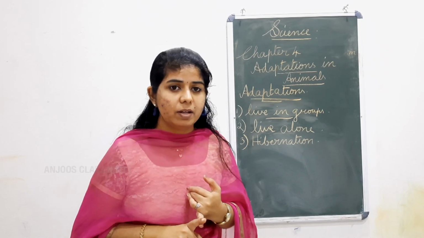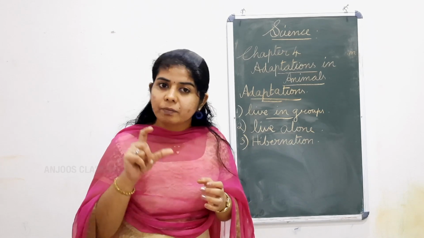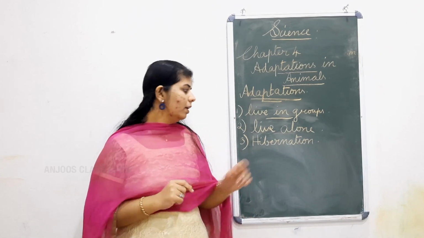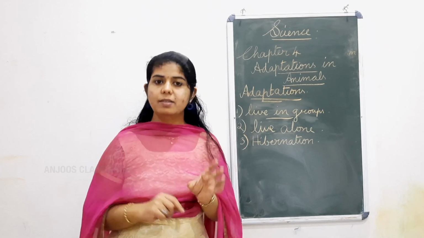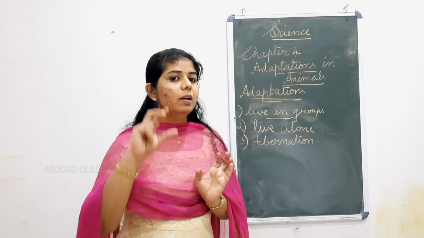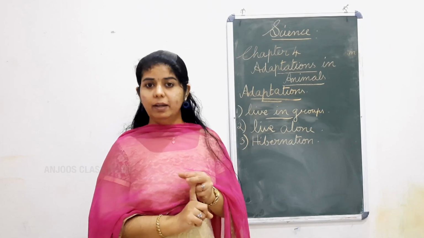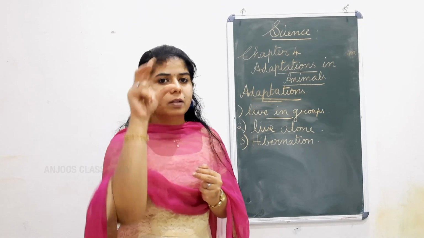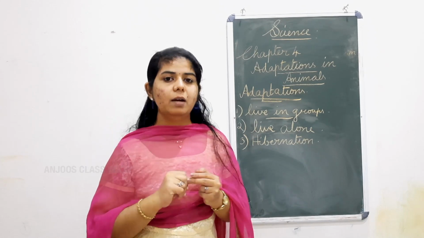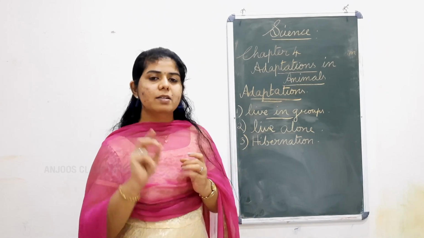In which animal can you see that? That is in the polar bear. So this happens in the cold regions. Other than this, you find out any two animals living in cold regions and also their body features. It is given here, but you find out. Okay, so that is the third one.